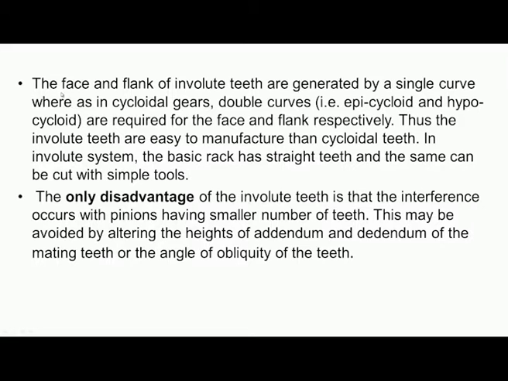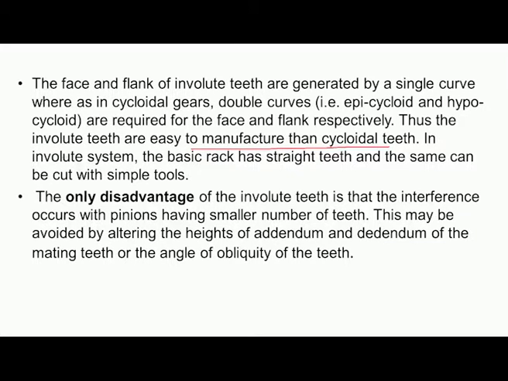Then the face and flank of involute teeth are generated by a single curve, whereas in the case of cycloidal gears, double curves, that is epicycloid and hypocycloid, are required for the face and flank respectively. Thus, the involute teeth are easier to manufacture than the cycloidal teeth.